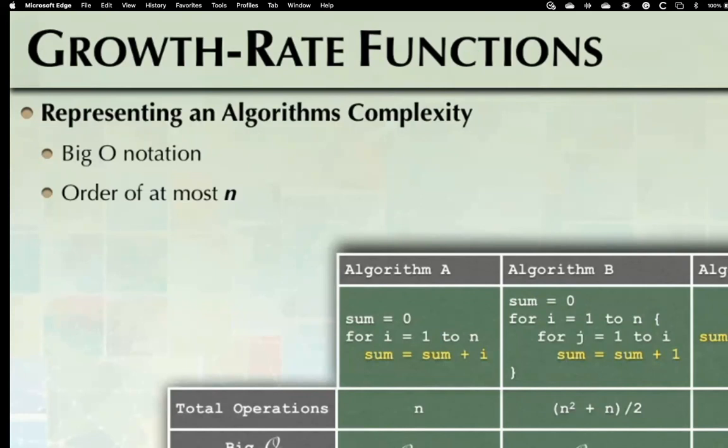Similarly, since algorithm B has a time requirement proportional to n squared, we say that B is of order at most n squared. Algorithm C always requires 3 basic operations. Regardless of the problem size n, this algorithm requires the same time. We say that algorithm C is order of at most 1.